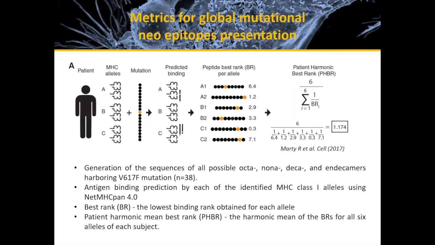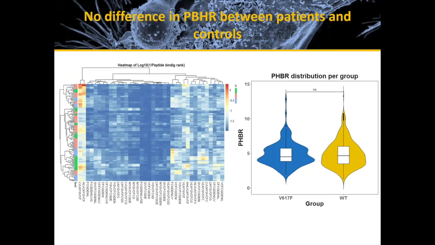As you can see on the next slide, it appeared that a number of alleles could theoretically bind limited sets of nonamer and decamer mutant peptides. However, patient harmonic best rank did not differ between patients and healthy controls.